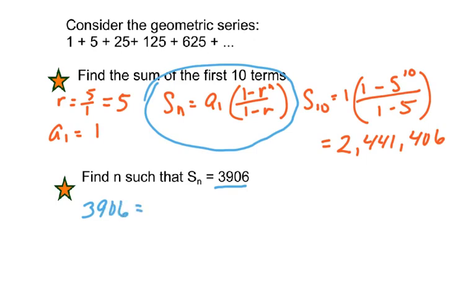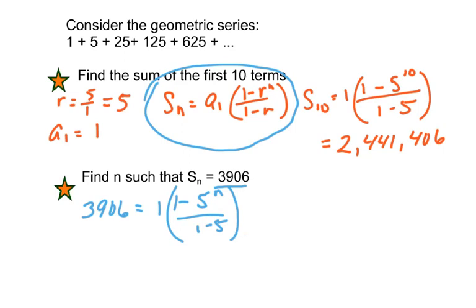And that is equal to, well, still 1, because that's our first term, times 1 minus 5 to the, well, we don't know which term this is, so we have to use n, over 1 minus 5. Well, 1 minus 5 is just negative 4.